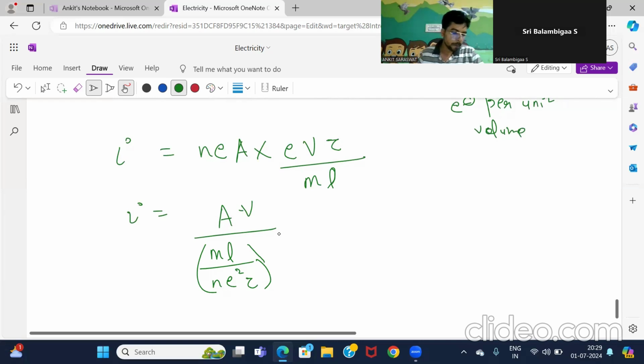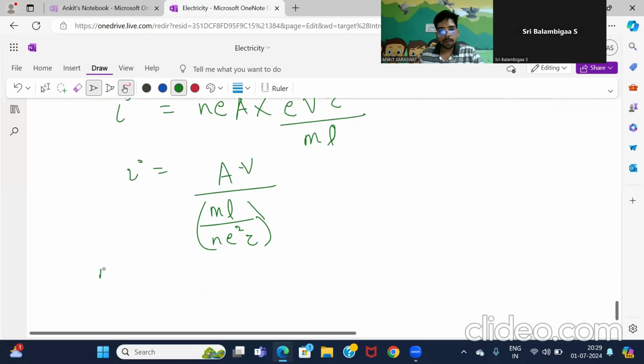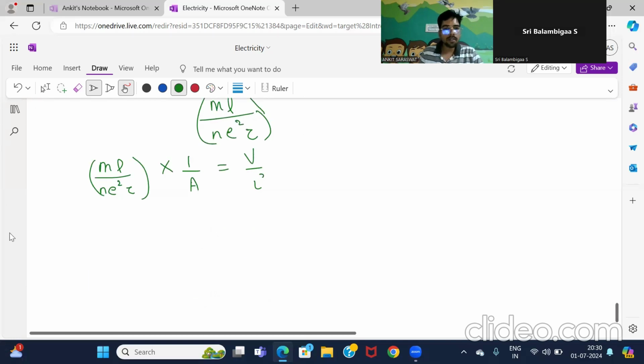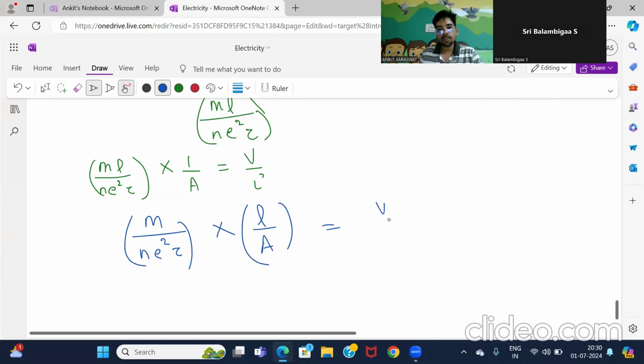Just tell me any doubt. So if you look at that, m by N e square, you just keep it here, and 1 upon A. This is V by I. And if I keep this here, m by N e square tau, L by A. Very, very important relation.